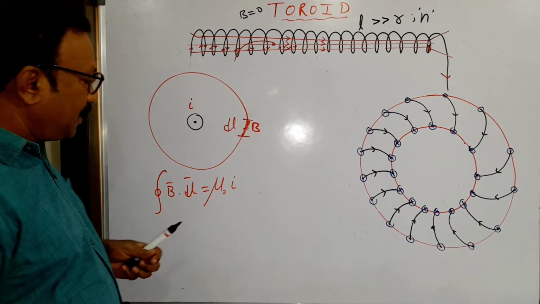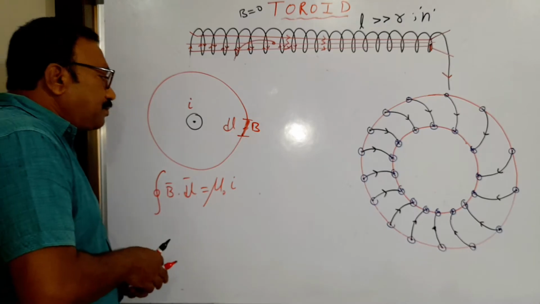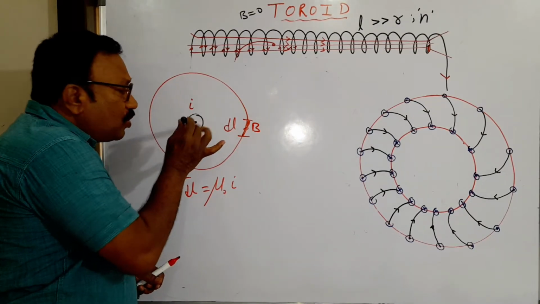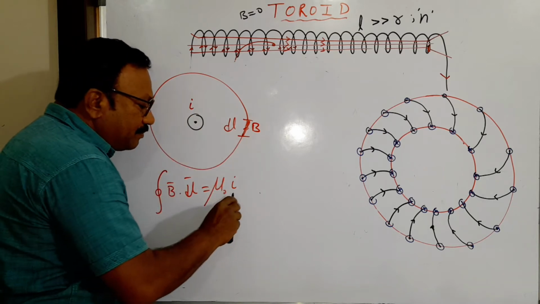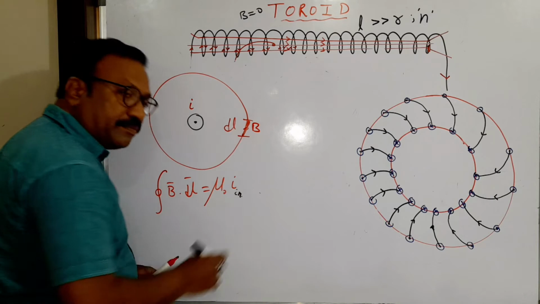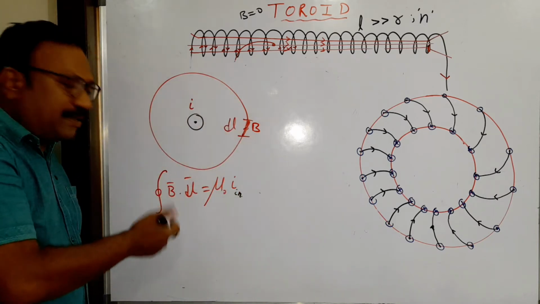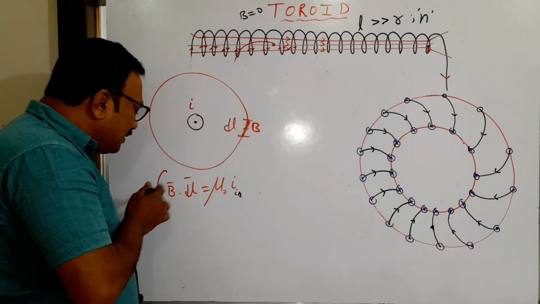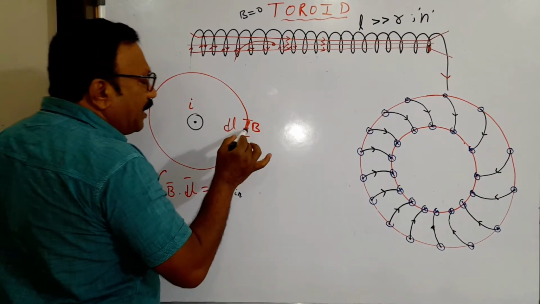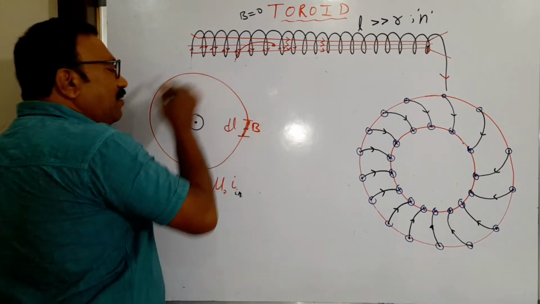Okay, right. So here is a current carrying conductor. What is the current inside? It means I. This is the current inside. Inside the loop, what is the current? I, times mu naught. What is this integral B dot dl here? See, here is a magnetic field B. There I have taken one loop.